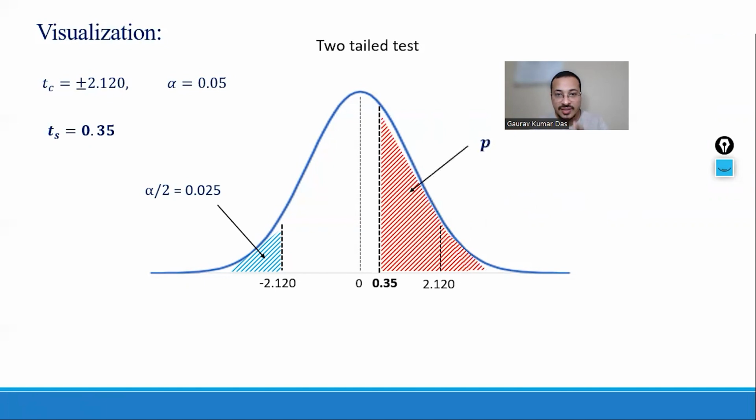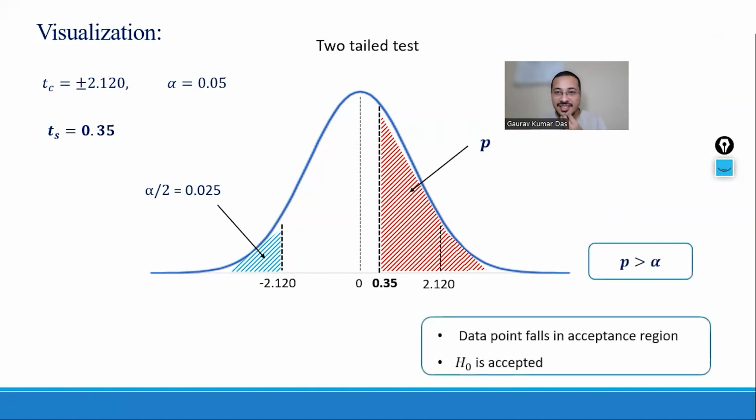Okay, so this becomes my p value, and if you see, it's actually in the acceptance region because my p value is actually much greater than my alpha value. Okay? That's why null hypothesis is clear. So I don't care about the negative region now. I'll compare it with the positive region. But comparing, alpha value was 0.025, not 0.05.